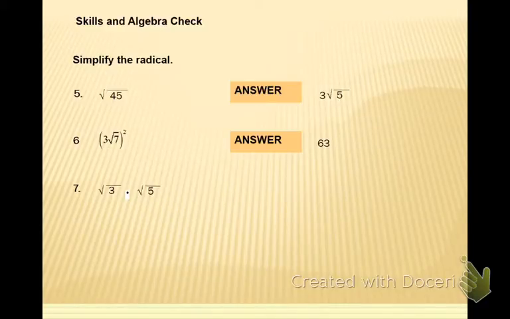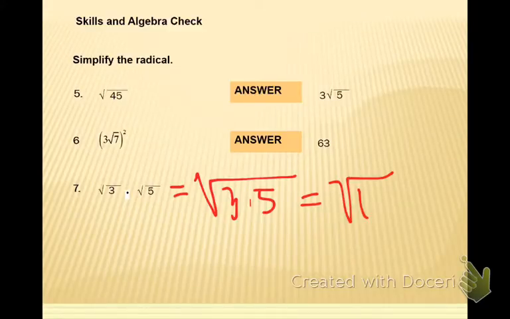All right, if we multiply two radicals, we just leave them under the radical, and you multiply what's under the radical. So this is the same thing as square root of 3 times 5, which equals the square root of 15. Right? Square root of 15.